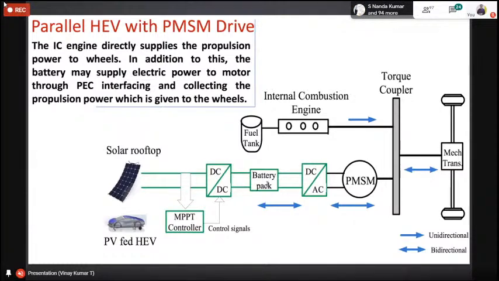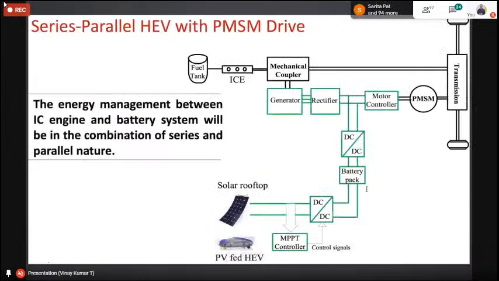So compared to the series hybrid vehicle, here energy management or control of the power is very difficult, a little bit complex, but the resultant power capacity we can increase, and reliability also we can increase. Whenever the IC engine fuel gets completely discharged, we can also operate the electric vehicle through batteries. This is called series parallel.